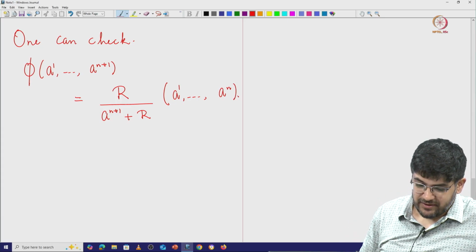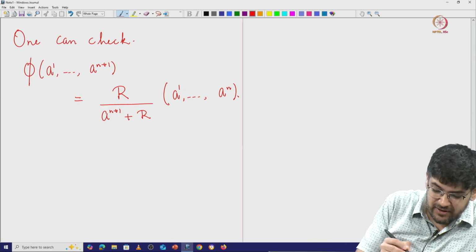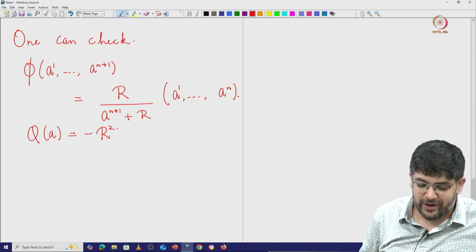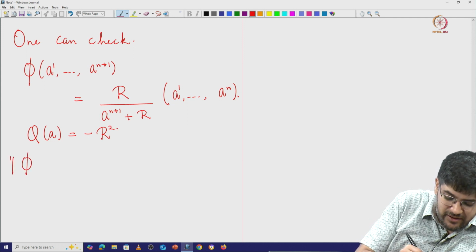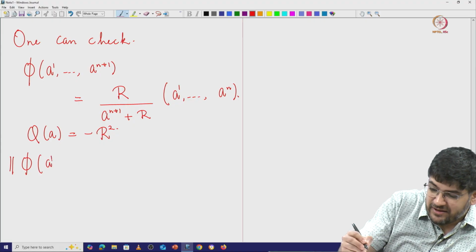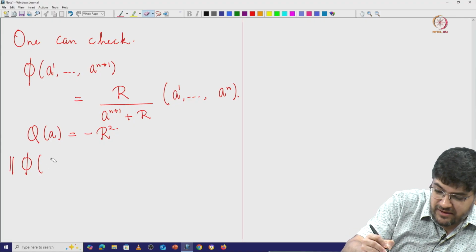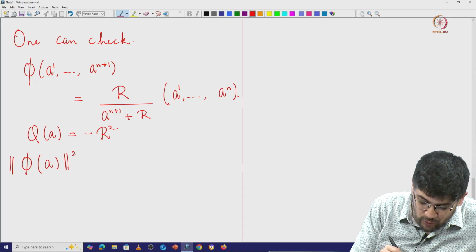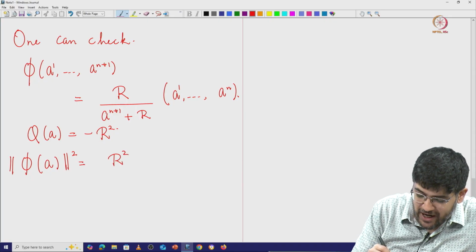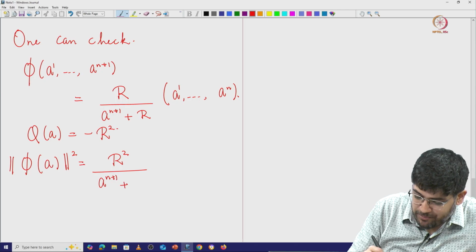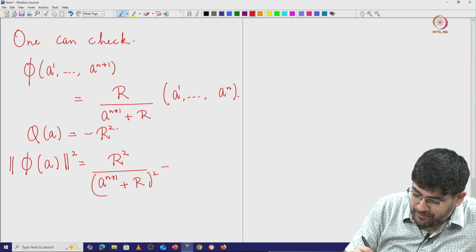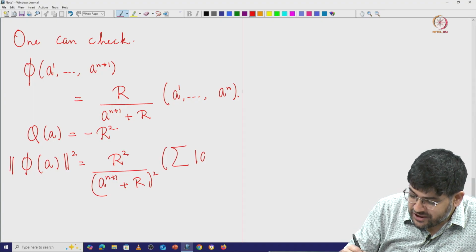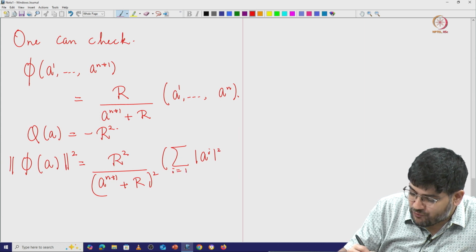Okay. So now because A lies on the hyperboloid, we know that Q of A is minus R squared. So you can now calculate the Euclidean norm squared of the image phi of A. So clearly that's going to be R squared by An plus 1 plus R whole squared times the summation of Ai squared, i going from 1 to n.